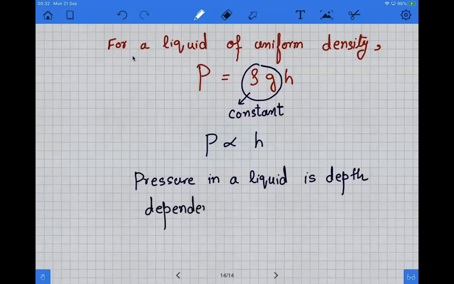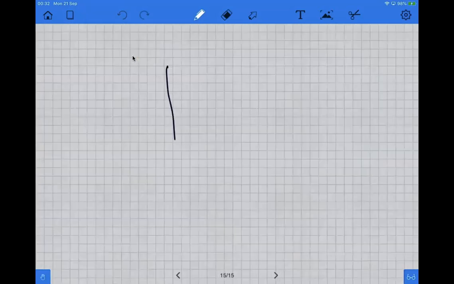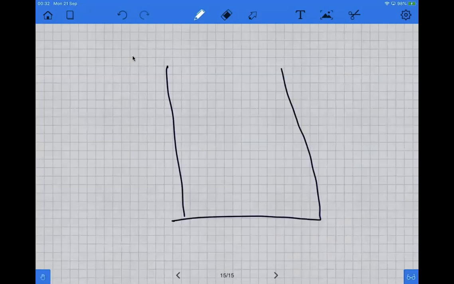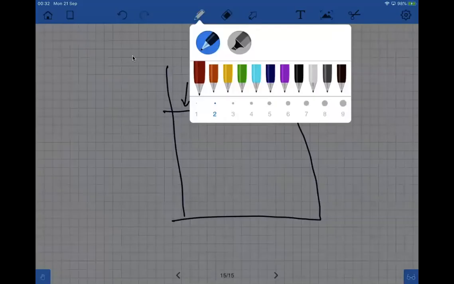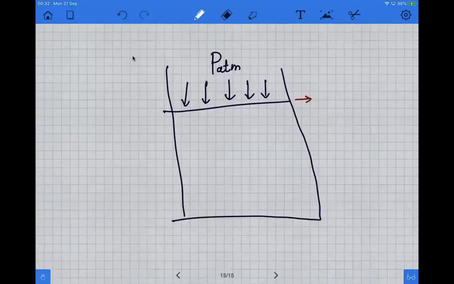If we just want to understand the concept, then if you take a liquid, on the surface of the liquid you will get the atmospheric pressure due to atmosphere. Here you have purely atmospheric pressure. Now let's suppose this is the surface of the liquid, and you're moving downwards.